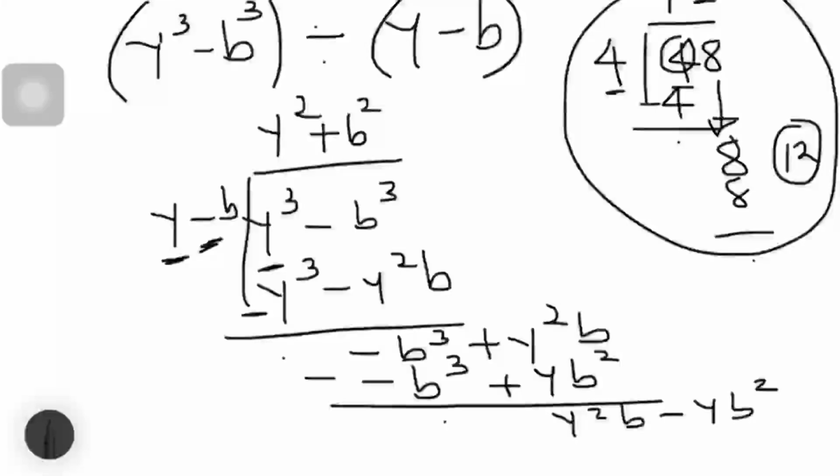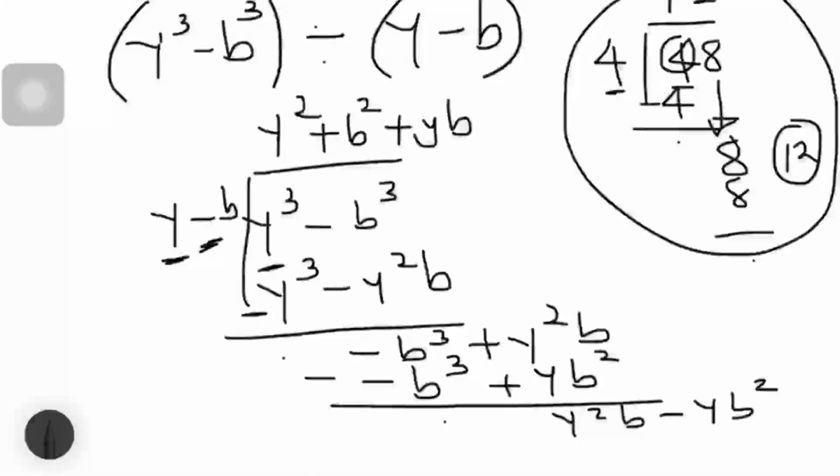And we have to make sure that after multiplying those two, we get what we want. So here we are going to introduce plus yb. Let's see, yb multiplied by y, we get y squared b, right? And we have yb multiplied by minus b, we get a negative y b squared. Is that what we want? Yes.